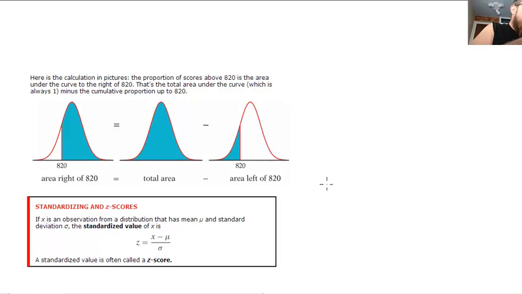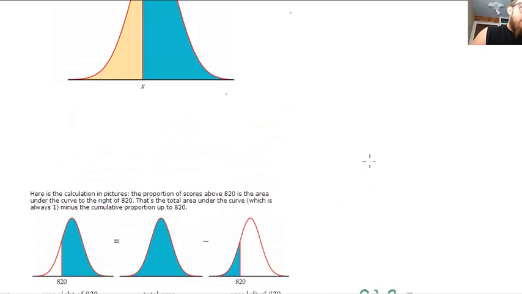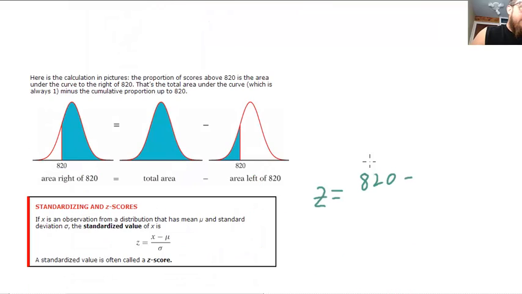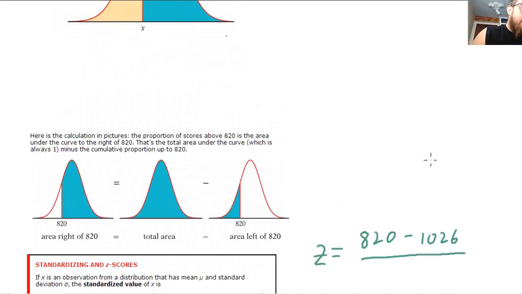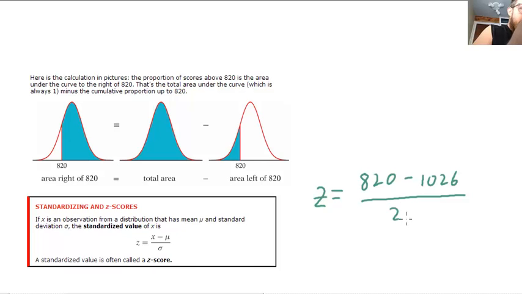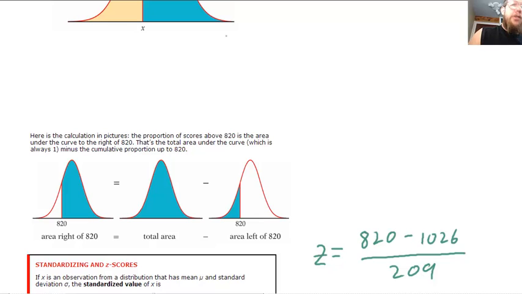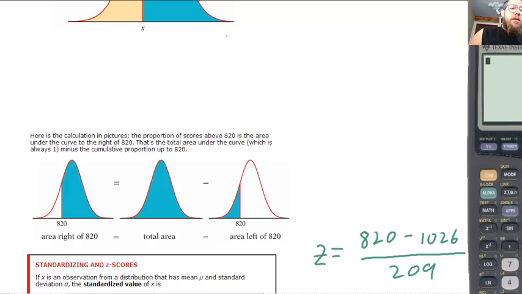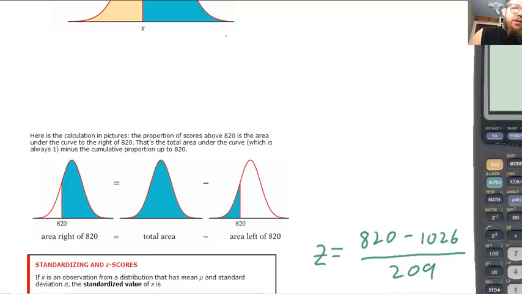So in this example, the z-score is our value 820 minus the mean, 1026, all divided by 209, our standard deviation.